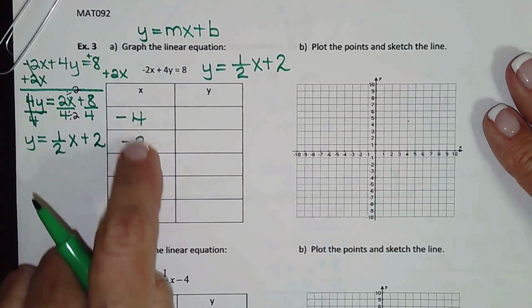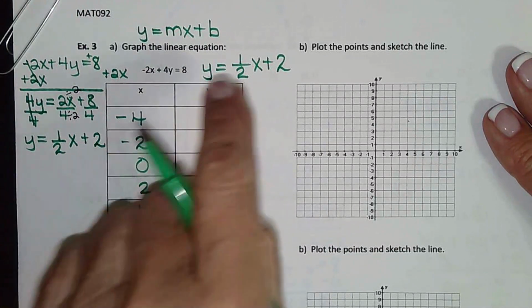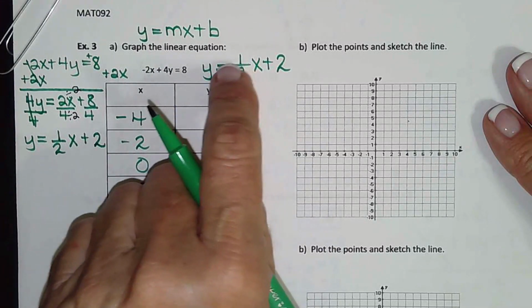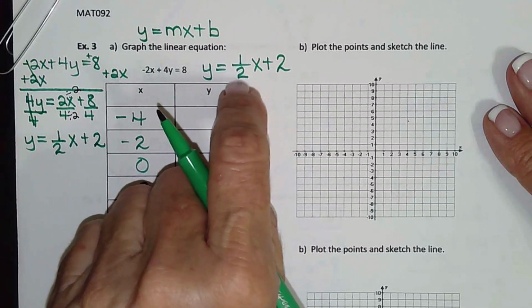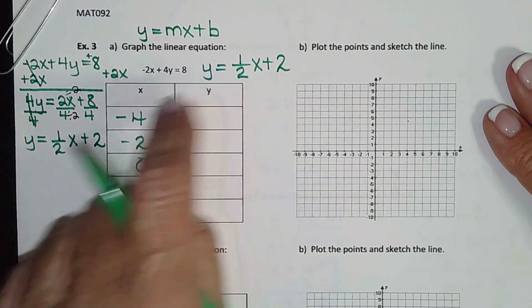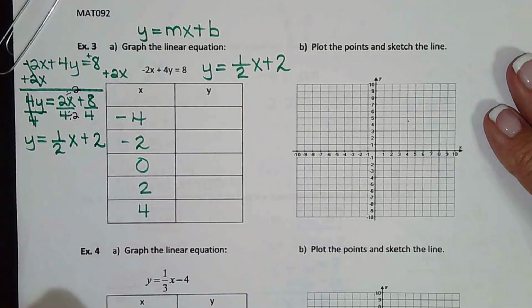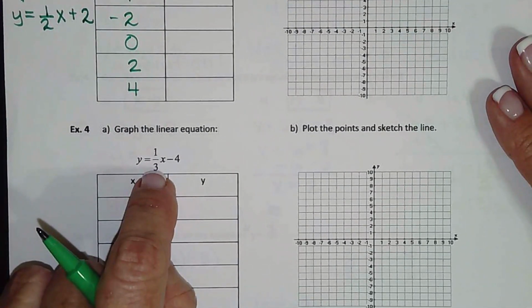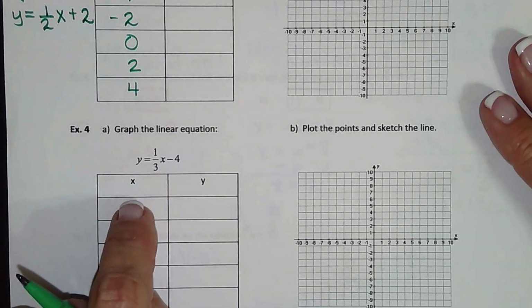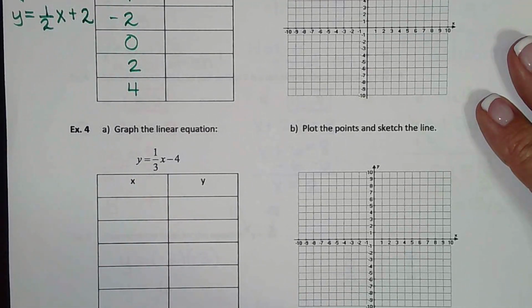So you have to make sure they come out whole numbers, and you do that by making sure all the numbers in your X column are divisible by 2. Yes, yes, yes, yes, yes. All are divisible by 2. So when you do this next one on your own, you got to make sure all your X's are divisible by 3.